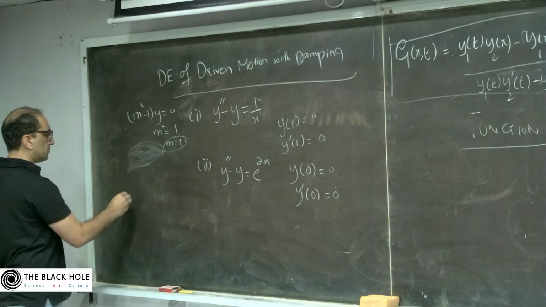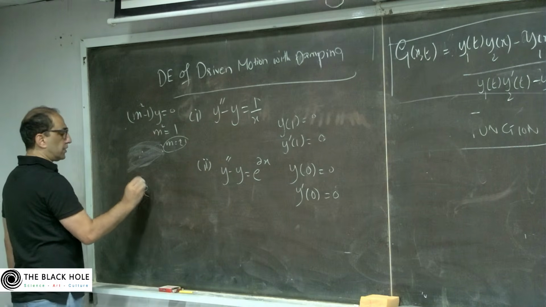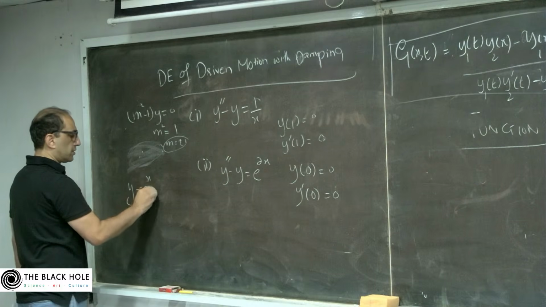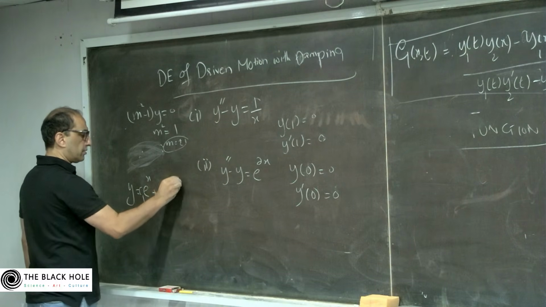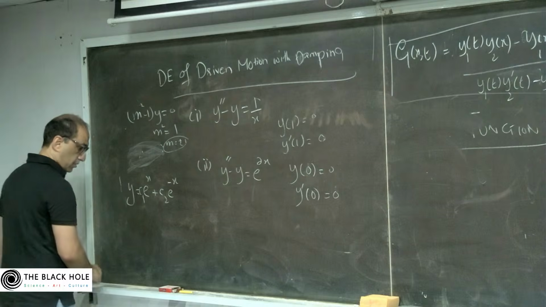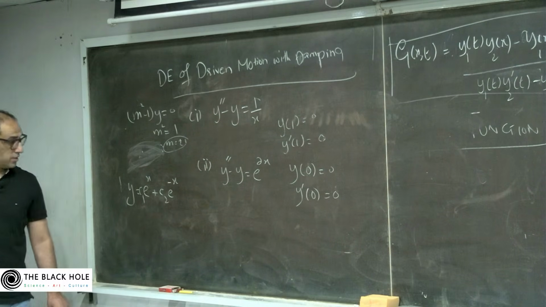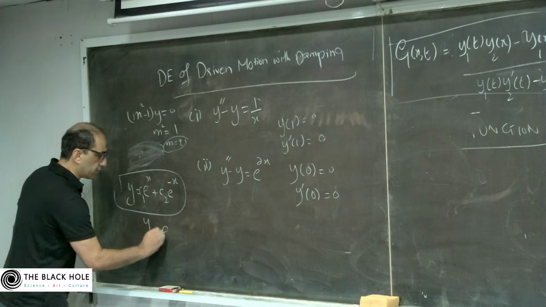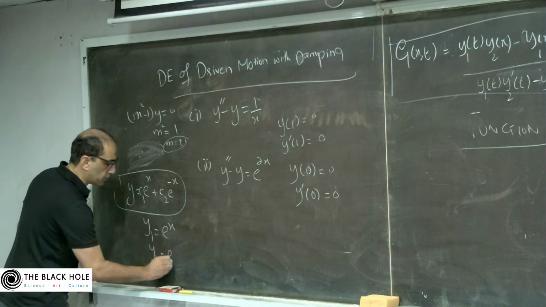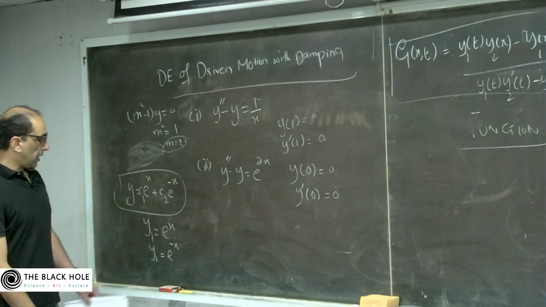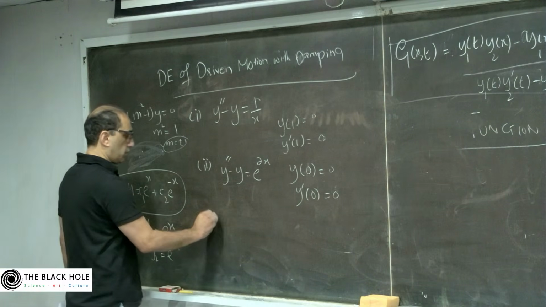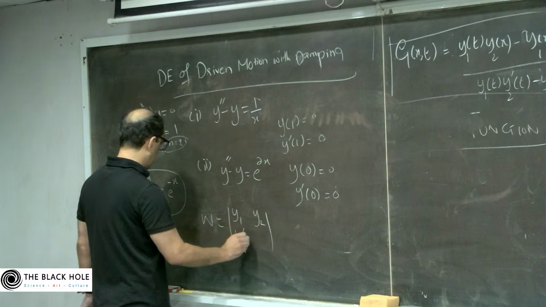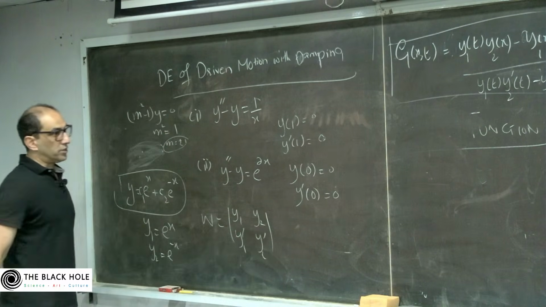So you will have what? y is equal to c1 e raised to power x plus c2 e raised to power minus x. So once you have this, then of course you know already that y1 is equal to e raised to power x and y2 is equal to e raised to power minus x, and of course your Wronskian is the determinant of y1, y2, y1 dash, y2 dash.